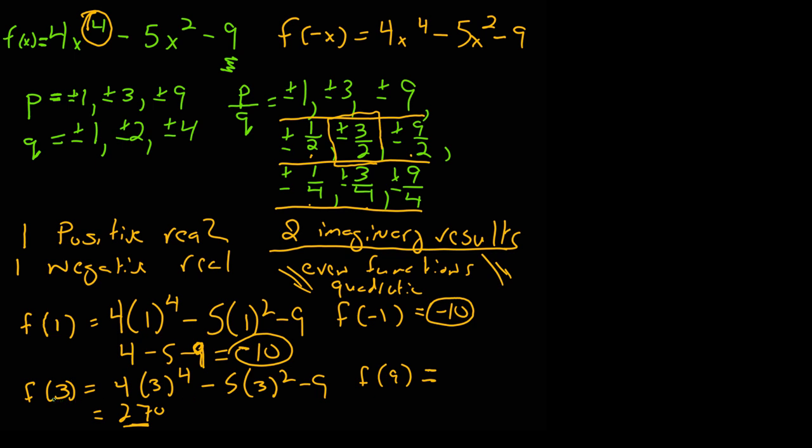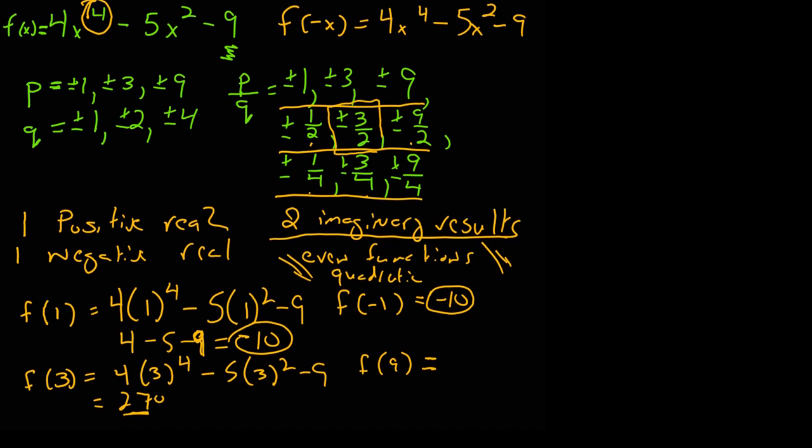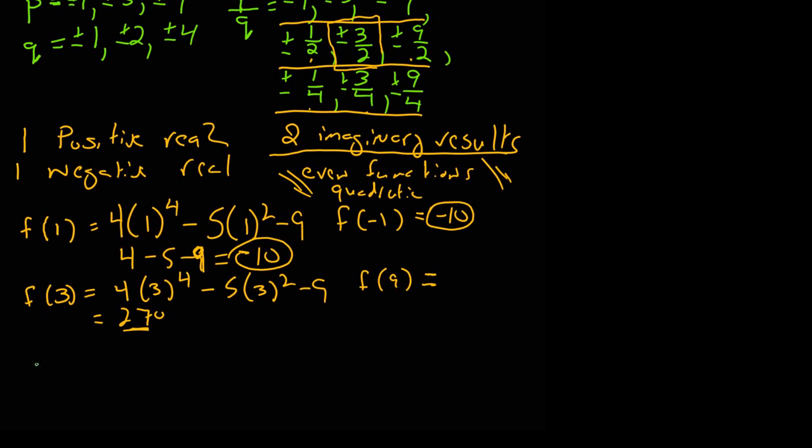When I come to 3, my remainder is positive. Somewhere in between those two numbers is 0. I've crossed 0 somewhere in there. So if I look at all of my numbers for something that's between 1 and 3, the only thing I have is 3 halves. So I'm going to jump right to 3 halves and see what I can get from that with my remainder theorem.